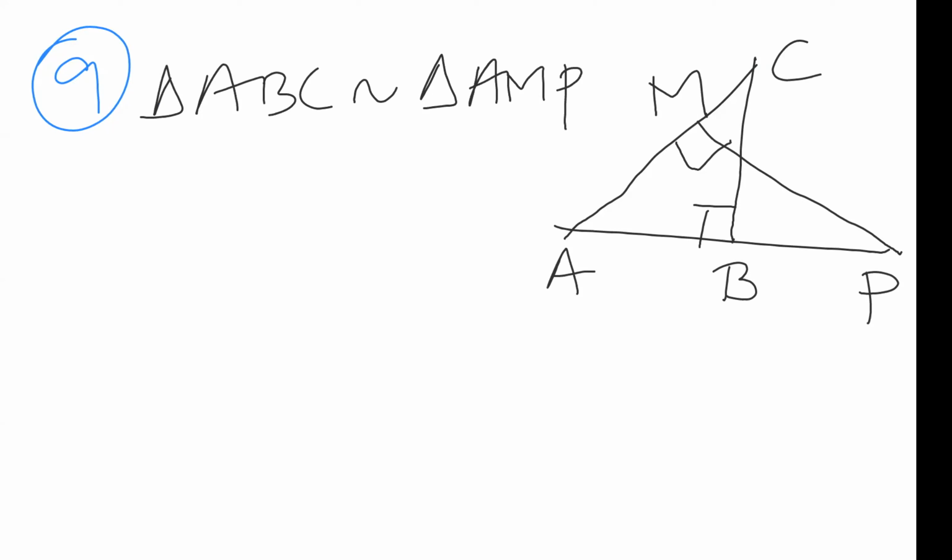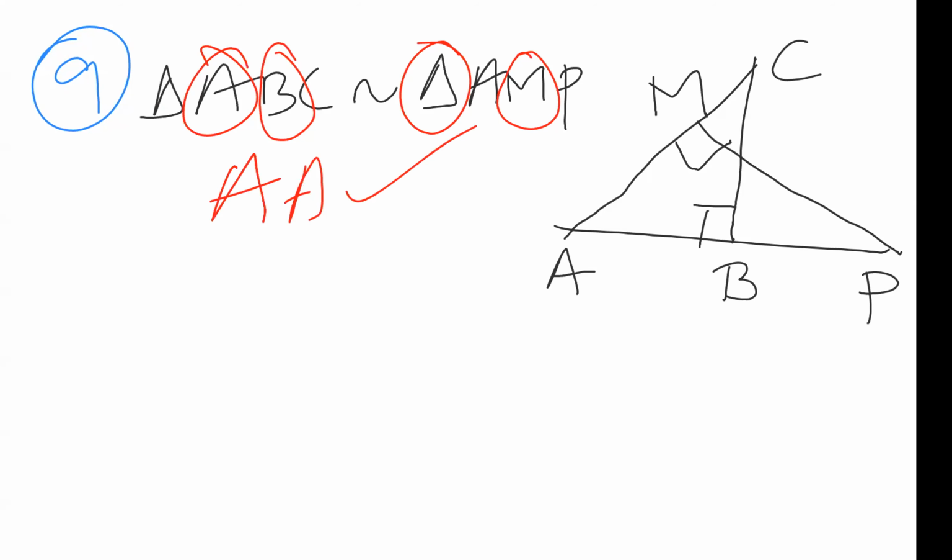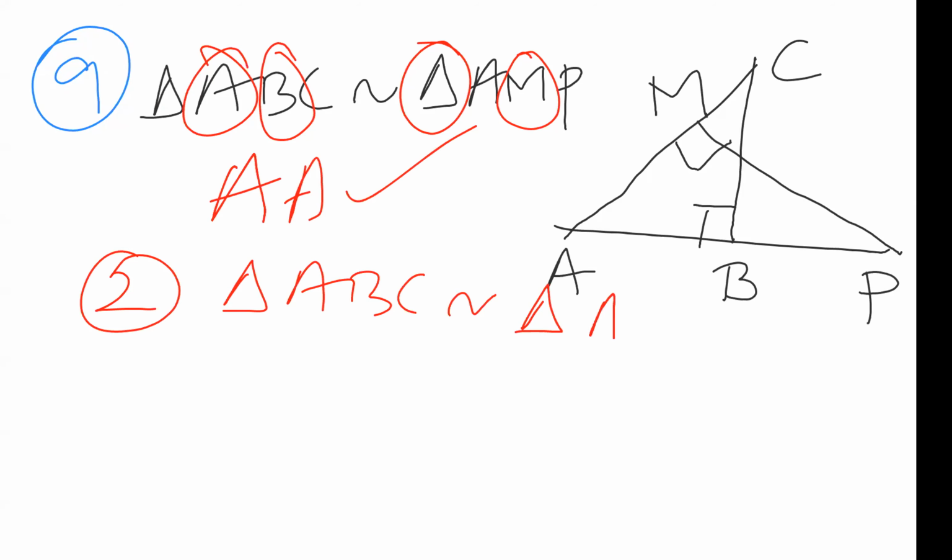Now see, A is common to both, if I am not wrong. Angle M and B is 90 degrees. Each 90. So it is done by the AA criterion. Yes or no? Now second one, triangle ABC is similar to triangle AMP.